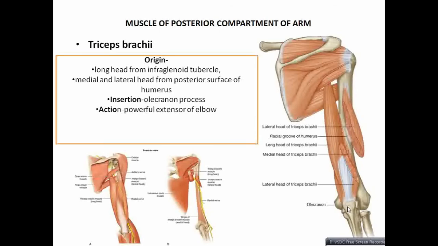Action: it is a powerful extensor of the elbow. Nerve supply by radial nerve. Radial nerve is a nerve which is arising from the posterior cord, or you can say it is a continuation of the posterior cord, and that supplies the posterior compartment of the arm, and the muscle is triceps brachii.